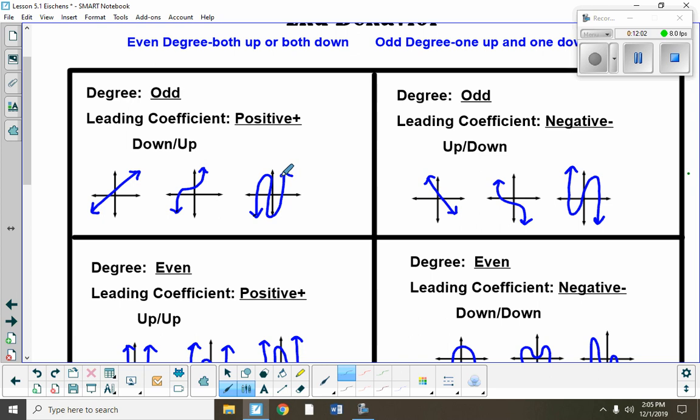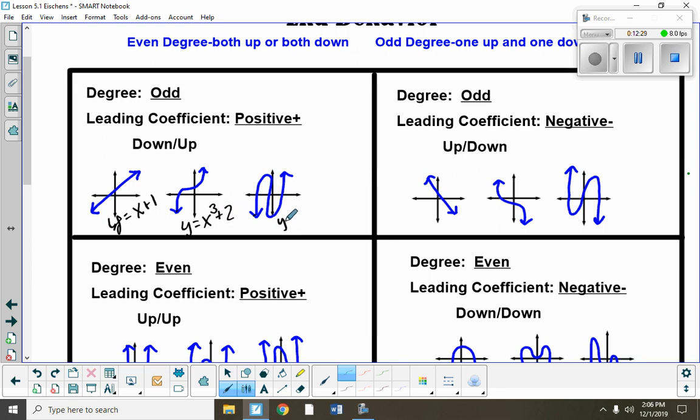That's going to be affected by the degree, but your end behavior will always be the same if you have an odd degree with a positive leading coefficient. For example, this might be y equals x plus 1. It could be an equation like that. This could be y equals x cubed plus 2, something like that.